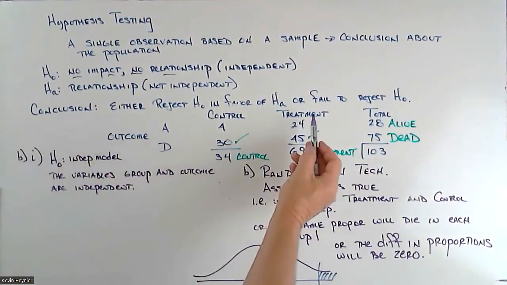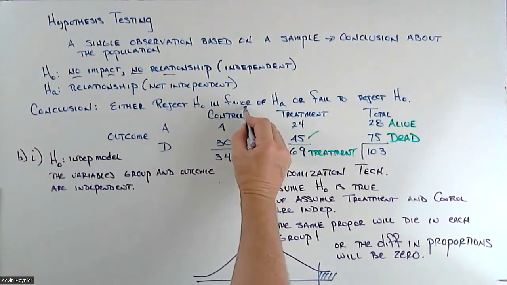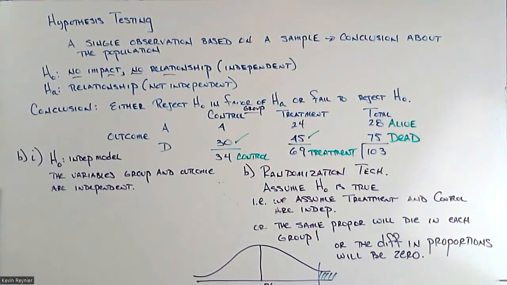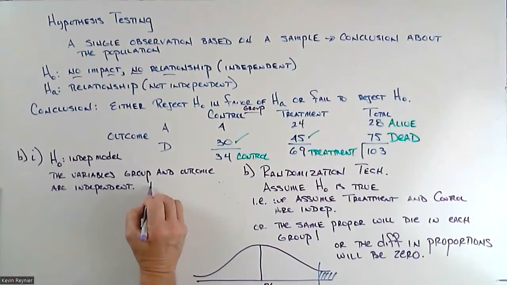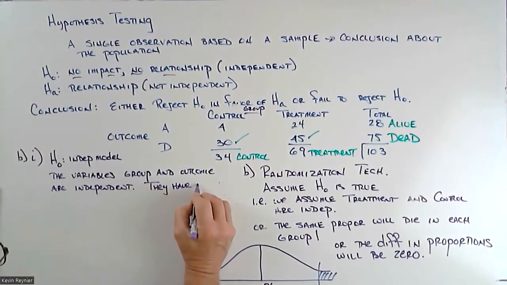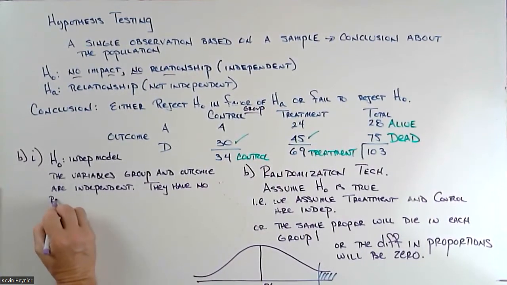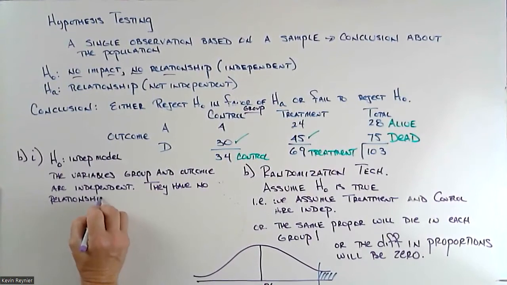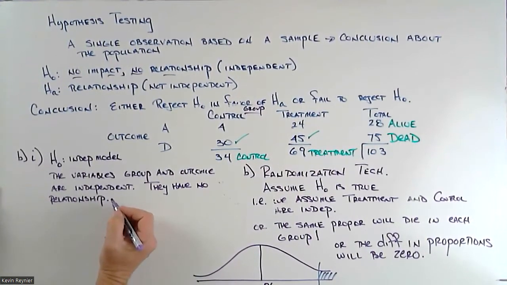Outcome and group, there's group up here in the table in the book. Outcome and group are independent. They have no relationship. And now what does that mean in the context of our study?